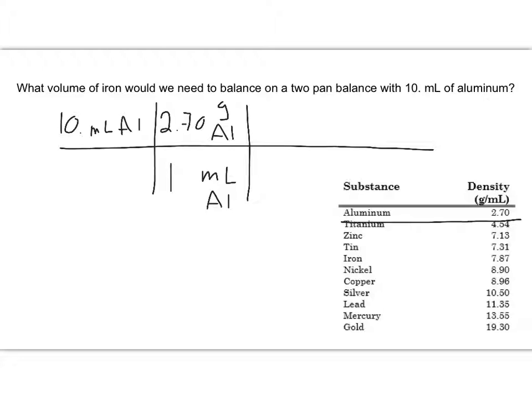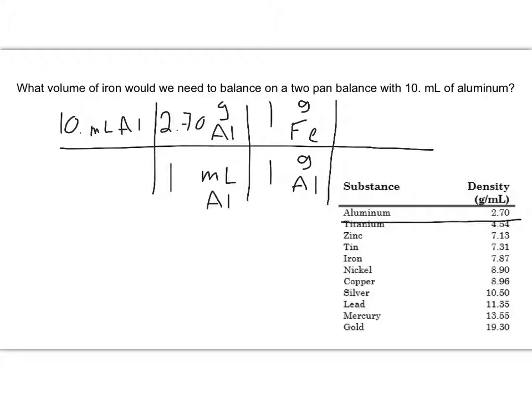So that converts us into grams. We know that the amount of aluminum and the amount of iron have to be equal. So we could really use any ratio here, so we know that for every 1 gram of aluminum, it's going to balance with 1 gram of iron. Okay, they have to balance, it has to be the same amounts.